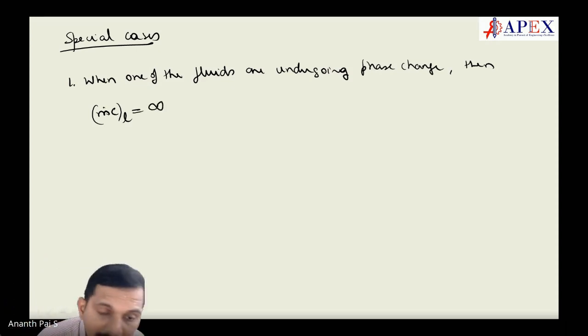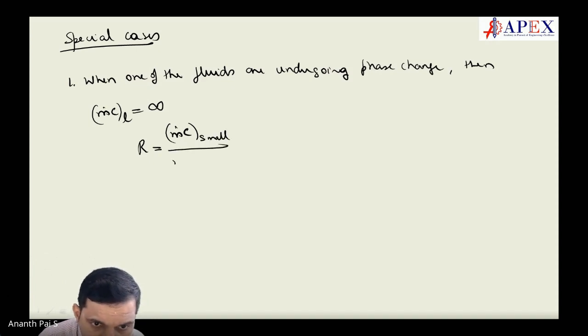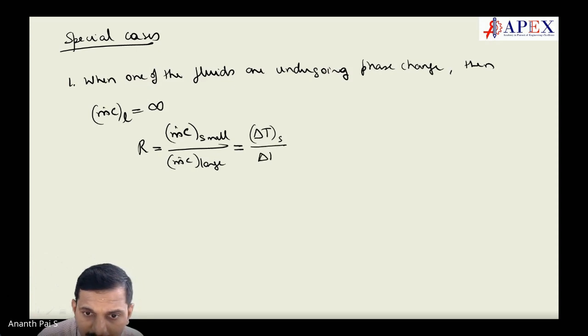and R, which is equal to m dot c small divided by m dot c large, becomes equal to delta T small divided by delta T large.